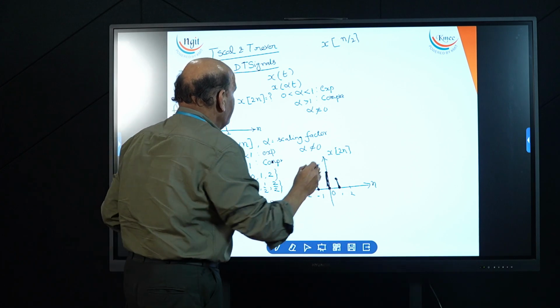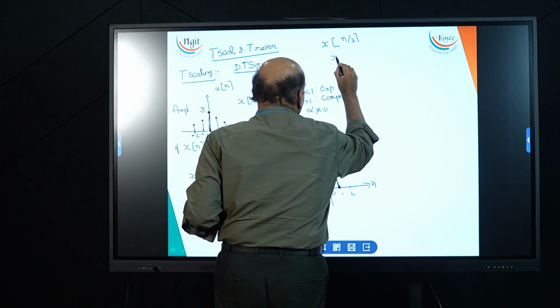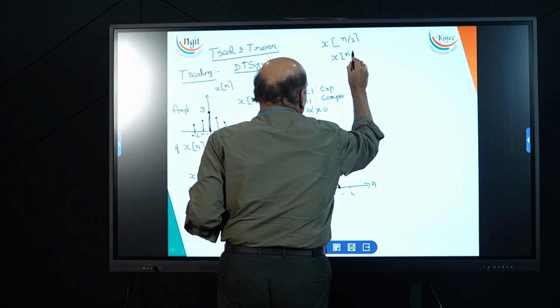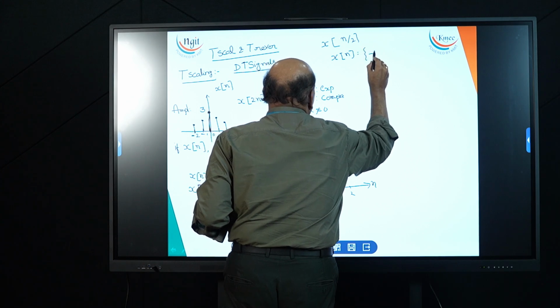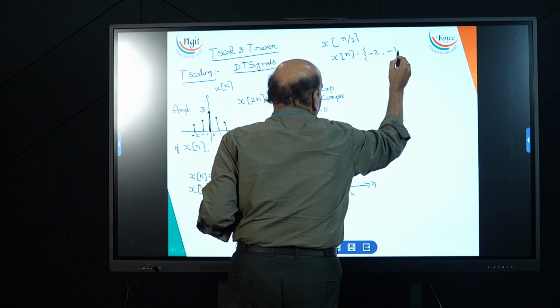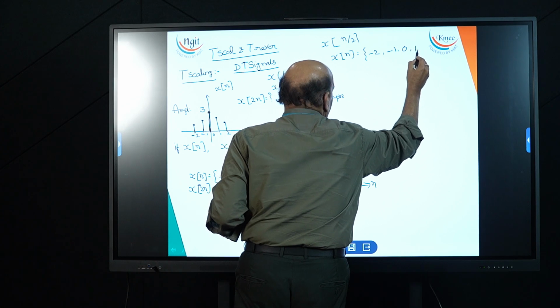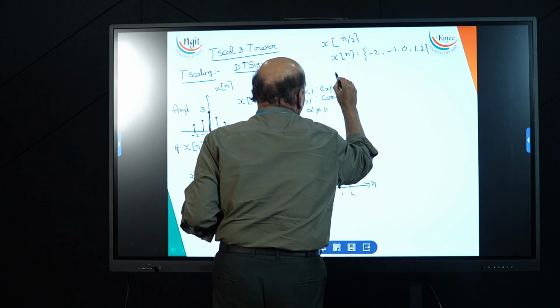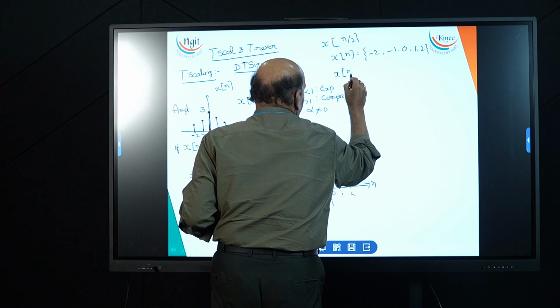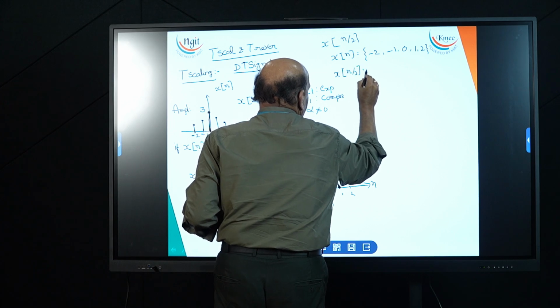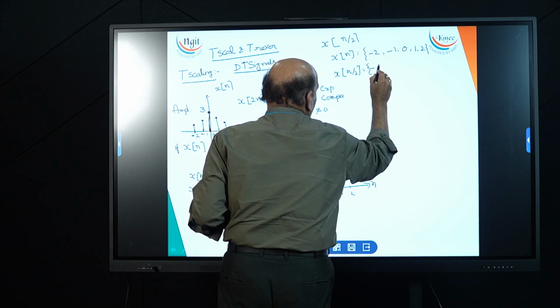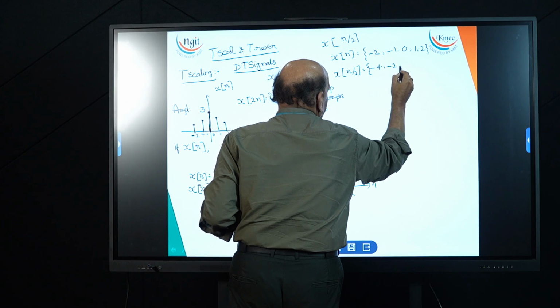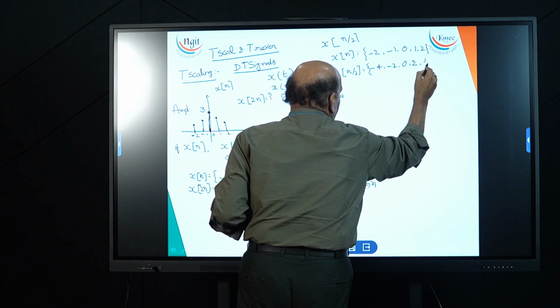The actual sequence x of n is minus 2, minus 1, 0, 1, 2. So here x of n by 2 becomes, multiplying by 2, minus 4, minus 2, 0, 2, 4.